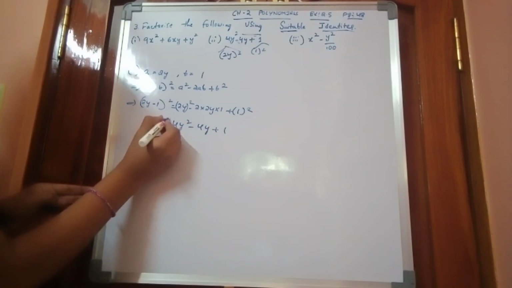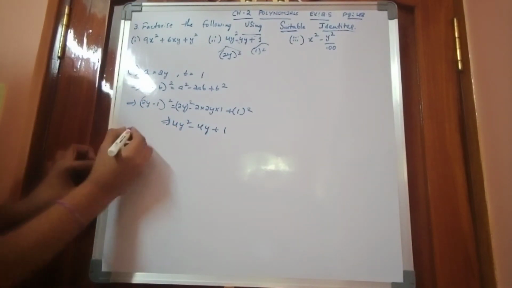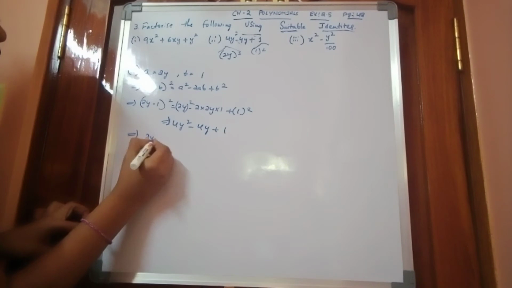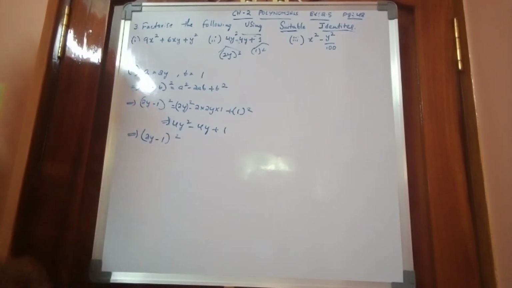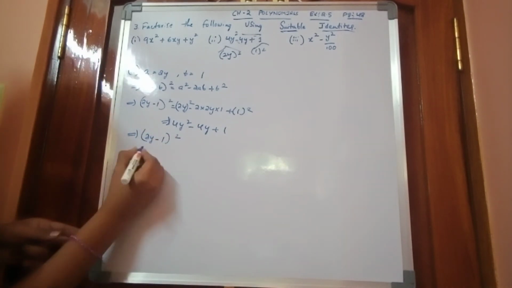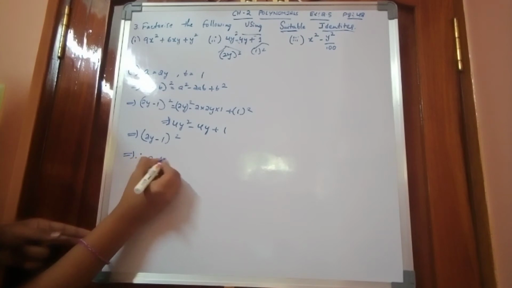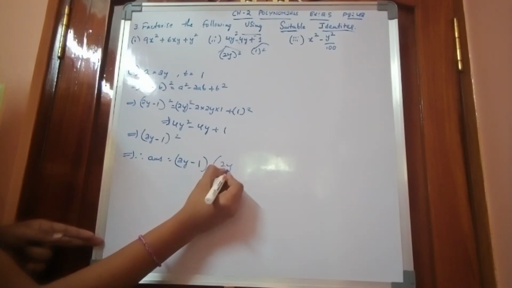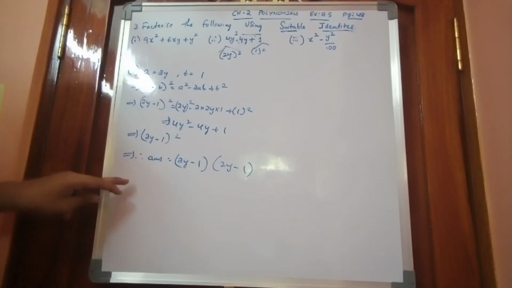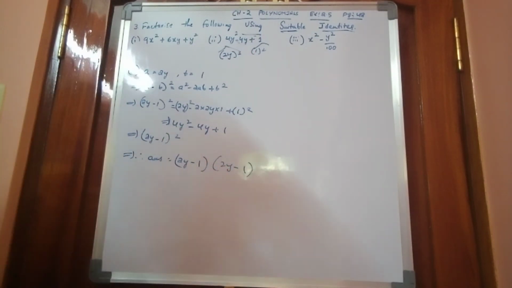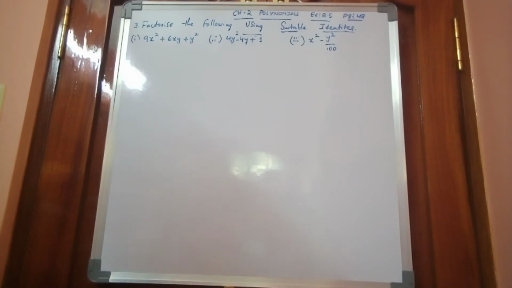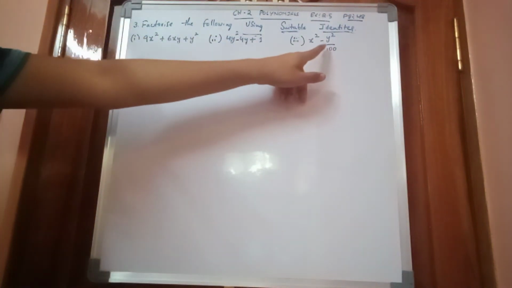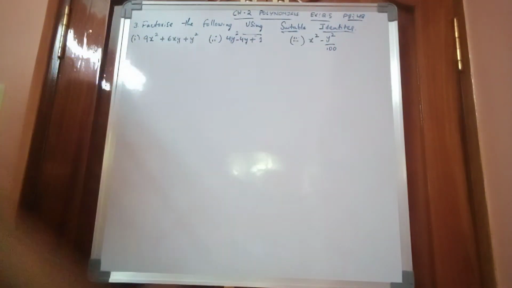Yes, this is possible. So we can say that 2y minus 1 whole square is the answer. Therefore the answer is 2y minus 1 and 2y minus 1, the answer of the second one.